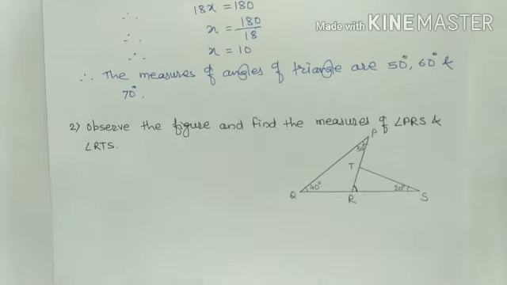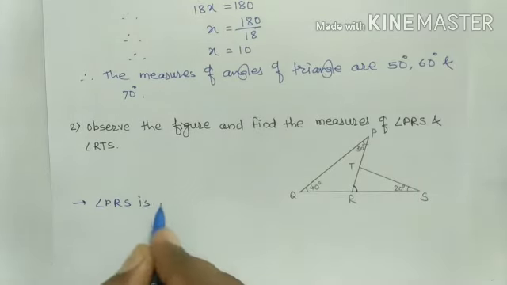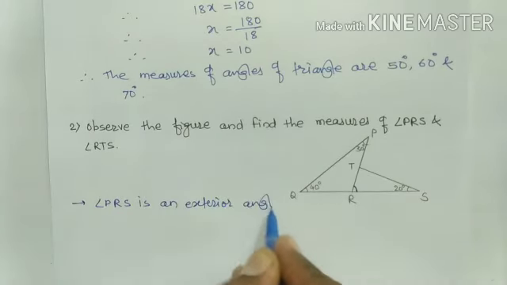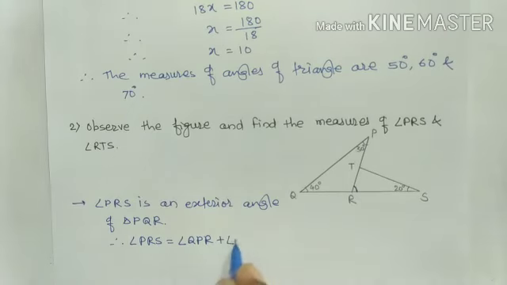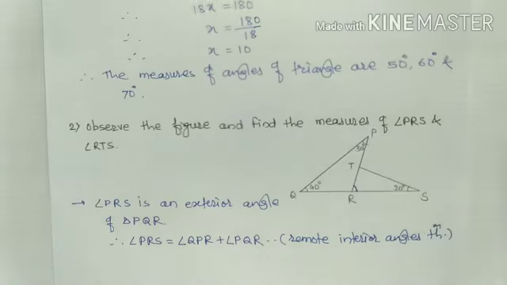So here angle PRS is an exterior angle of triangle PQR, and therefore angle PRS equals angle QPR plus angle PQR, by the remote interior angles theorem.